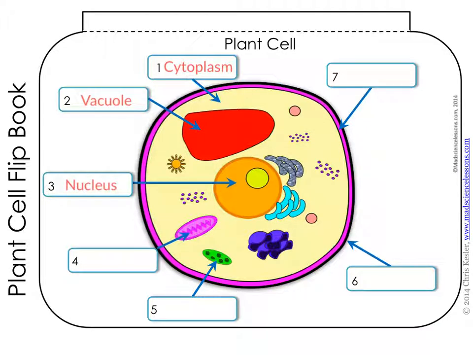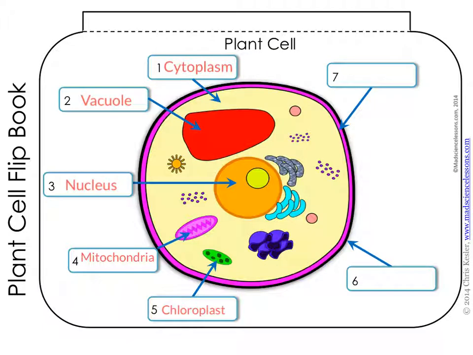Number three is the nucleus. Since this particular cell has a nucleus, it's classified as eukaryotic. And remember, the nucleus is just the control center for the cell, controlling most of the functions that occur inside the cell. Number four is mitochondria. Mitochondria's main function in the cell is to provide energy for other parts of the cell to use.